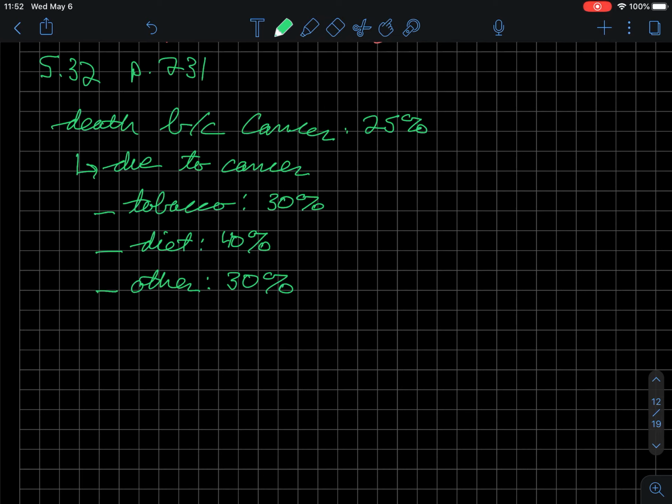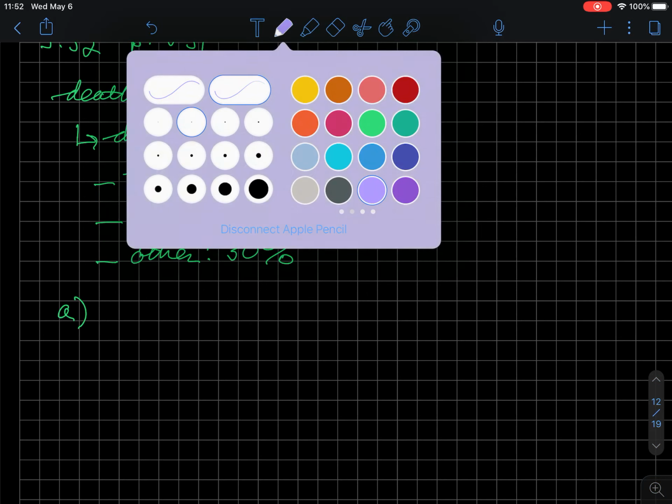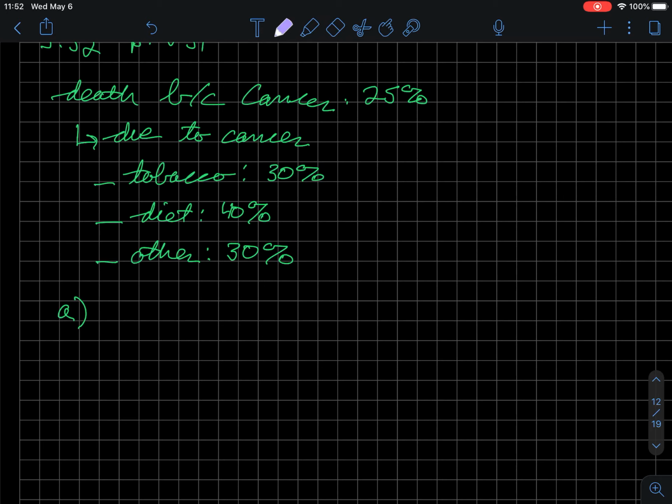So how do we go about this, right? Let's look at how we would answer that first part of the question. When we think about these deaths that are due to cancer, we have one, which is C, and we'll say that this is cancer.